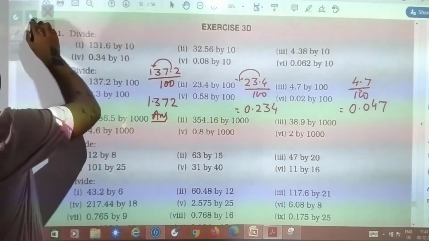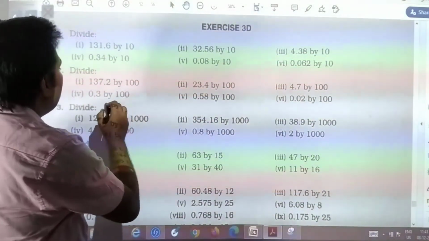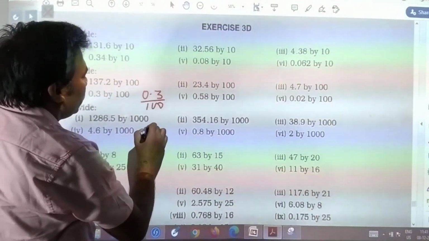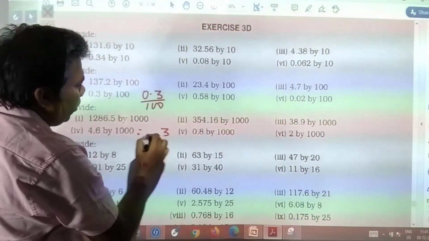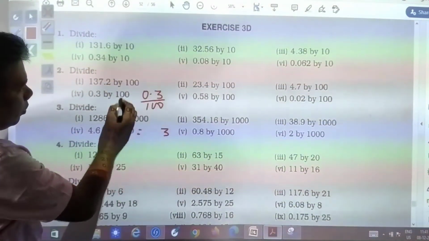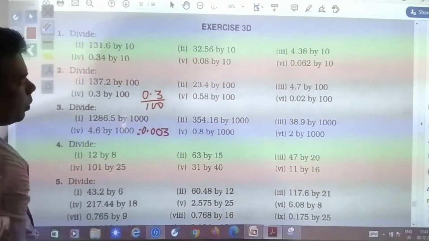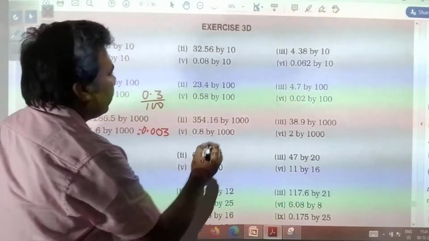Next you see, 0.3 divided by 100, so this will be 3 you write down, two places you need to move, so 2 zeros are required to be put, so 0.003.